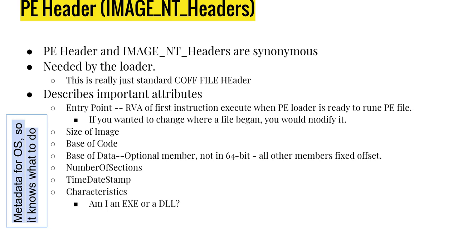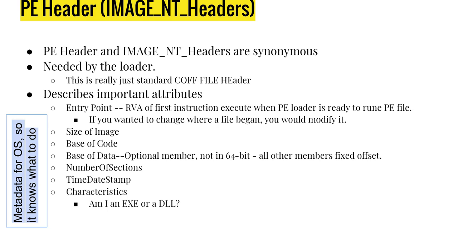So what does the PE header contain? Things like our entry point, which is going to be very important. It provides us with the RVA for the first instruction to execute once the PE loader is ready to run the PE file. We can have other things such as size of image, base of code, number of sections, time date stamp, and characteristics, meaning specifically are you an executable or are you a DLL.